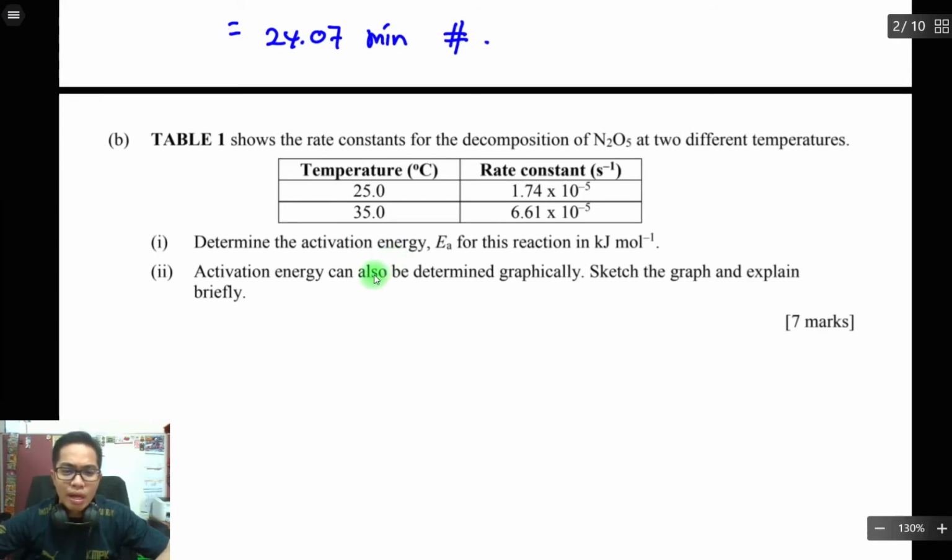Number 2, activation energy can also be determined graphically. Sketch the graph and explain briefly.